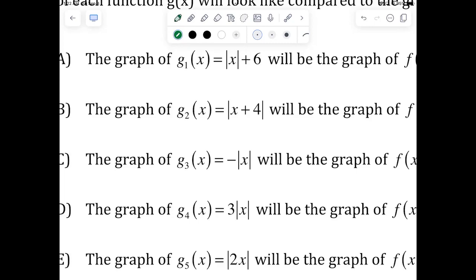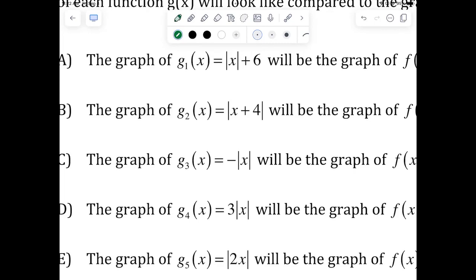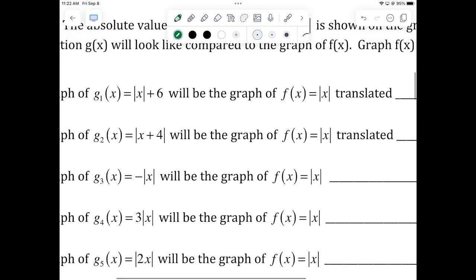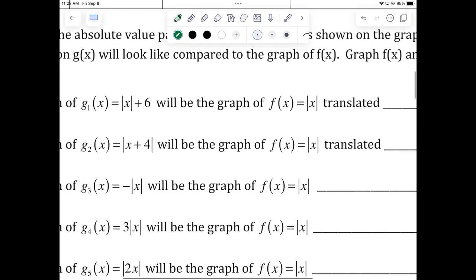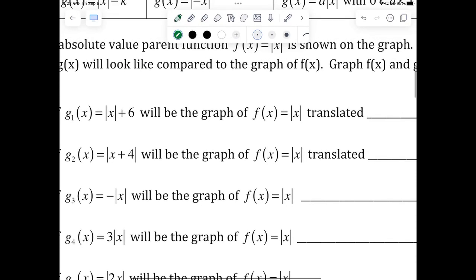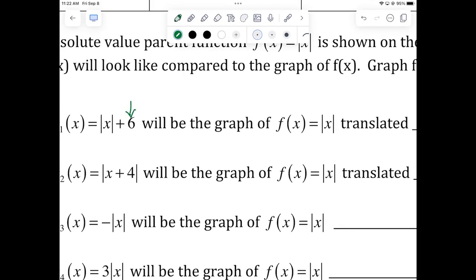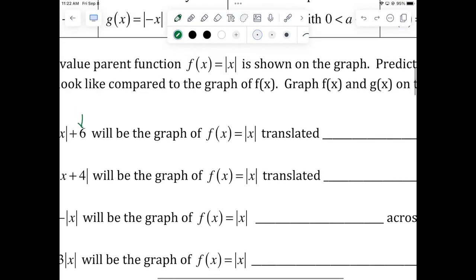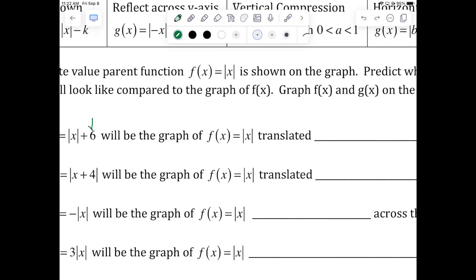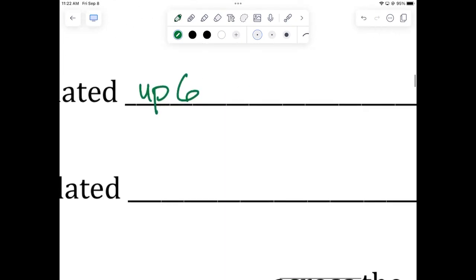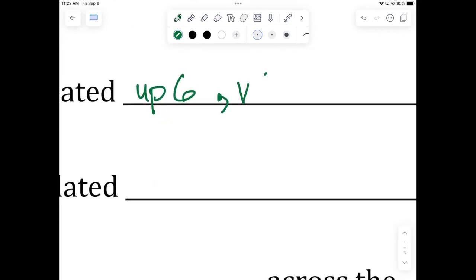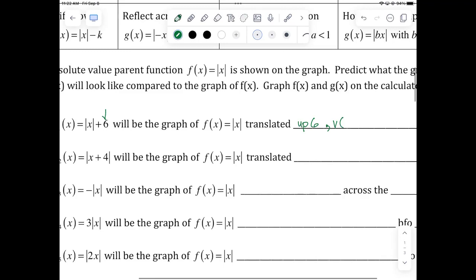Sub means right? g sub 1, g sub 2. They belong to g. Plus 6 is added outside the function. Is it up 6 or down 6? Six, the vertex is 0, 6.